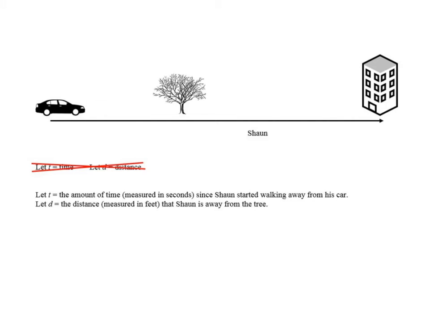We can do a much better job defining variables for this problem. If we say, let t equal the amount of time measured in seconds since Sean started walking away from his car, and let d equal the distance measured in feet that Sean is away from the tree, then we can think and reason about the situation now that t and d are clearly defined variables.